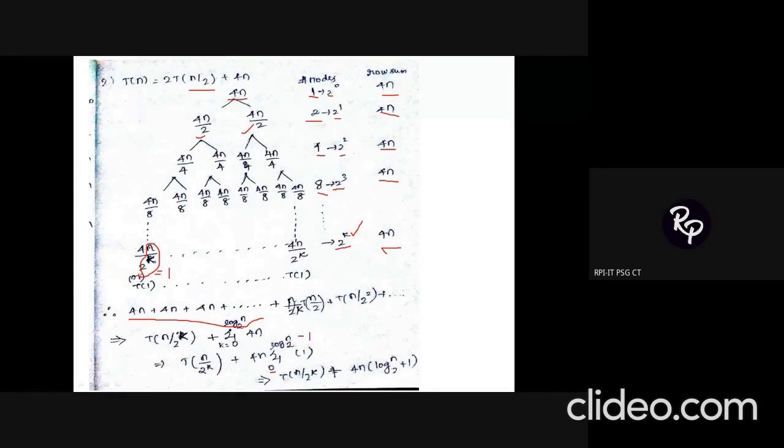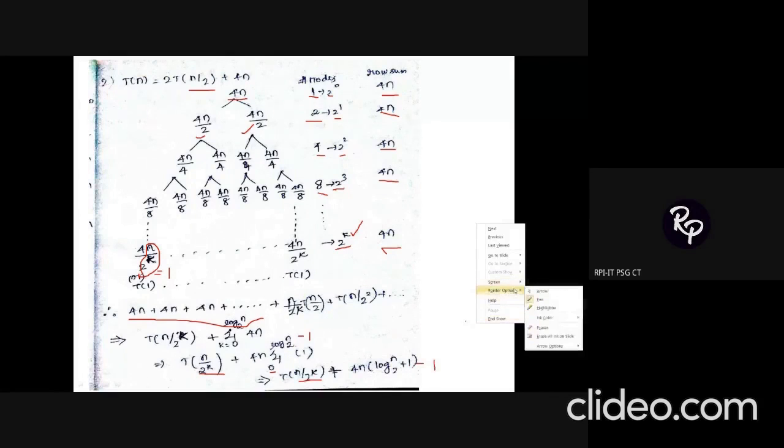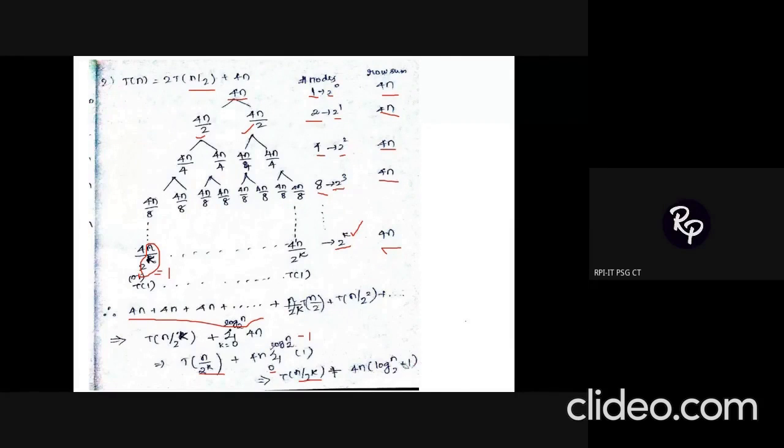So this term becomes, this is the same term, I am not doing any modification. So this side it becomes 4n times log n to the base 2 minus 1 plus 1. Upper bound is log n to the base 2 minus 1.